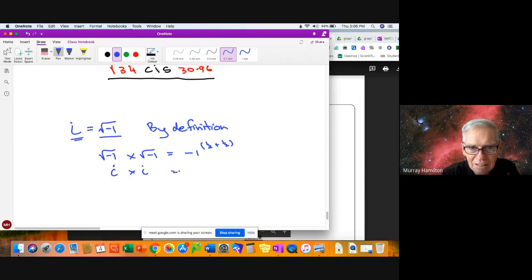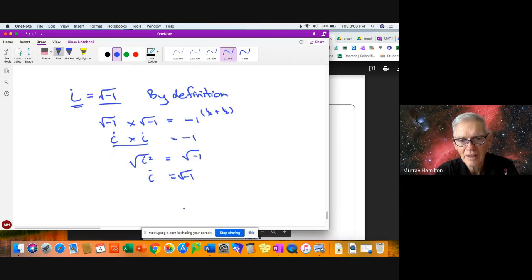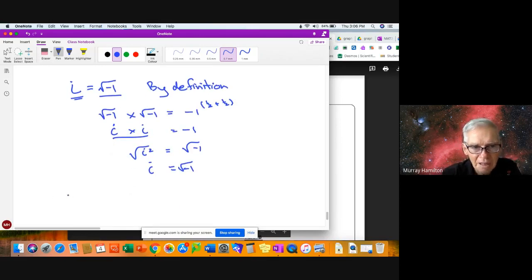So that there is just negative 1 to the power of 1. So doing the square root, you've got the square root of i squared equals the square root of negative 1, and i equals the square root of negative 1. When we do powers of i, let's have a look. i to the power of 1, sorry, let's go back there.